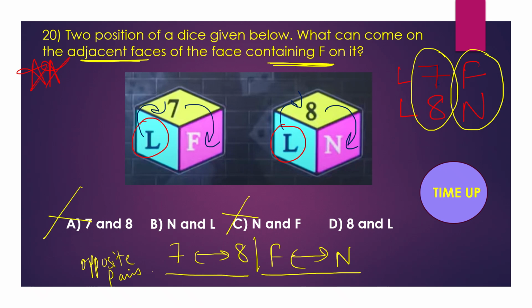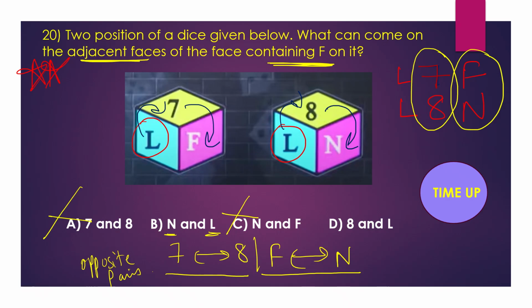Correct? Then if you see B option also, N and L you have. Correct? They cannot be opposite to F. Sorry, they cannot be adjacent to F. Why? Because opposite to F is already N and they cannot be adjacent to each other.